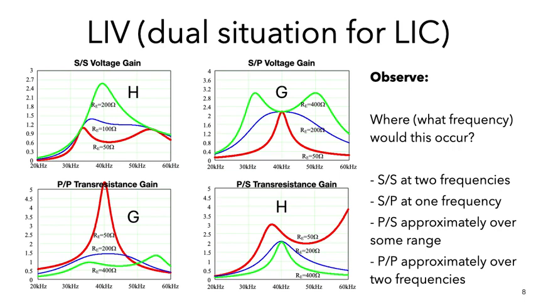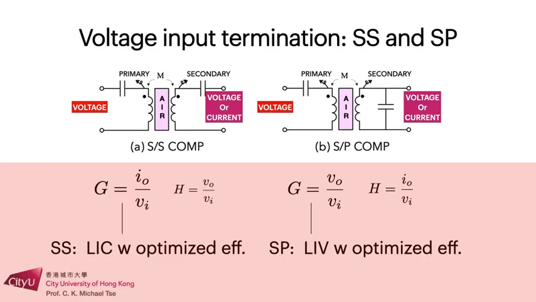So in summary, we have the 4 different types of second order compensation. For the SS, the input must be a voltage, and the output could be voltage and current. In other words, the output could be LIV and LIC, but with LIC, we can actually get an optimal efficiency condition.